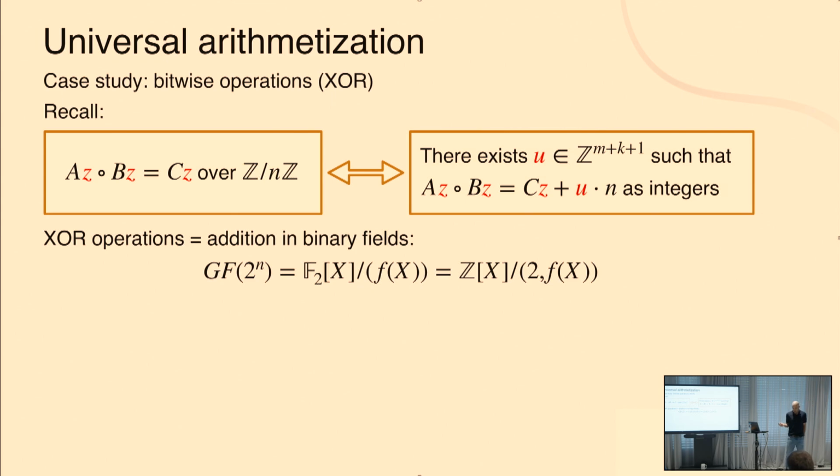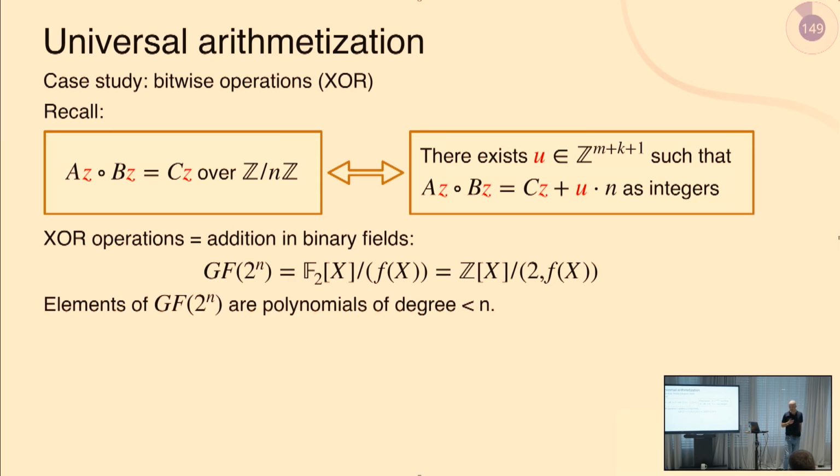And now let's remember from abstract algebra that a binary field is the quotient of the ring of polynomials with integer coefficients by the ideal generated by 2 and some polynomial of degree n. The elements of this binary field are represented as polynomials of degree less than n.